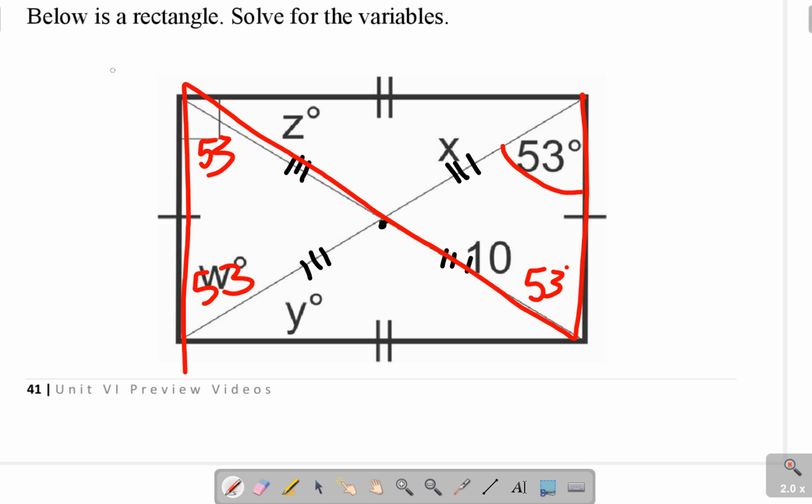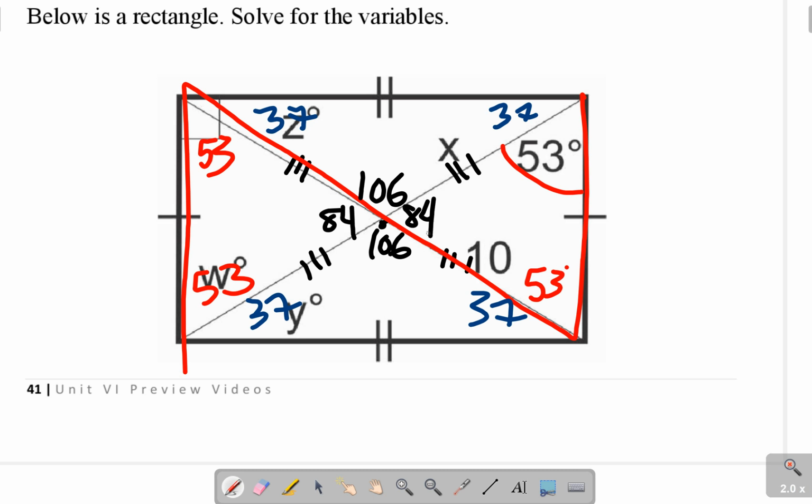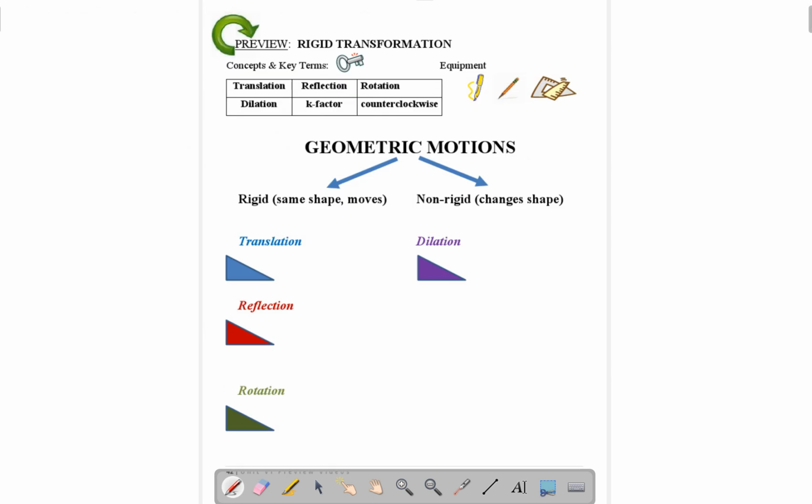This is 53. Take it away from 90. We've got ourselves 37 here. 37, 37, 37. Then you get the middle ones added up to 180. We get 106 here, 106, 84, and 84. All right, that's a quick recap of the quad family tree.